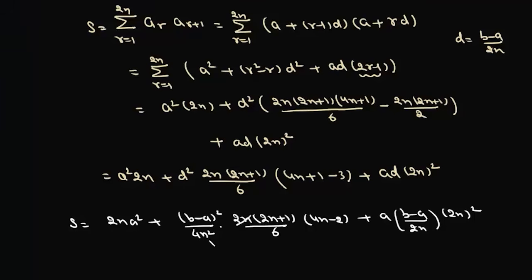Now here 2n and 2n will cancel, so we'll get here 2n, and this 2 will also cancel, so here will be this 2n minus 1.